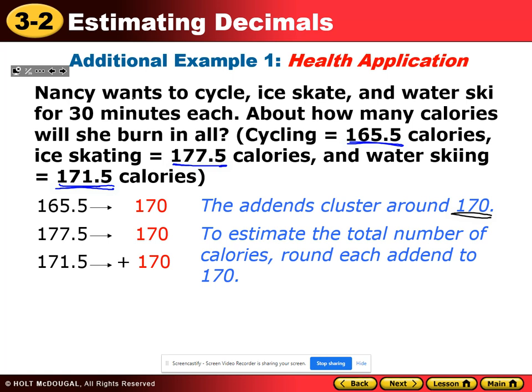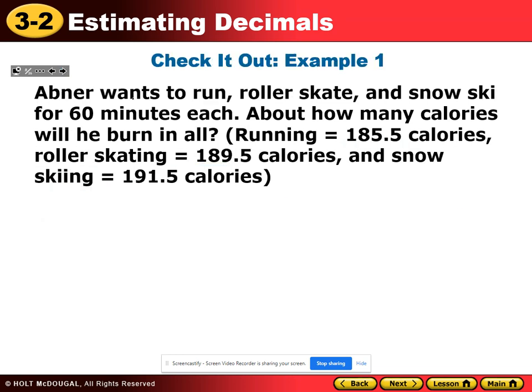If we just need a very rough estimate, we can estimate beforehand and then add together, and we get our answer of 510 calories that she's burning each day. Notice this one is a little bit below 170, this one's a little bit above, and this one's right at 170. So it'll give us a pretty accurate answer. Nothing great, but close enough if we just want an estimate.